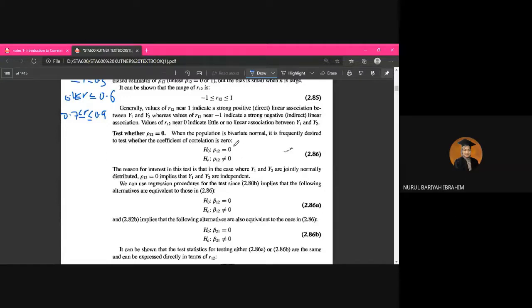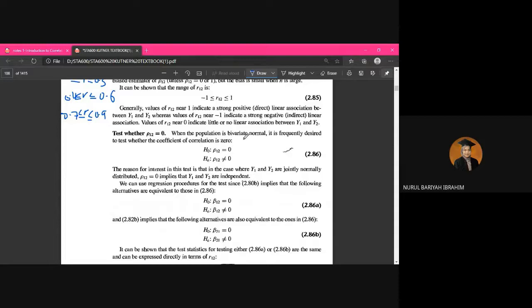So this hypothesis will test the correlation, the linear relationship between two variables, whether there is a linear relationship or not. The hypothesis is rho equal to 0, rho not equal to 0.